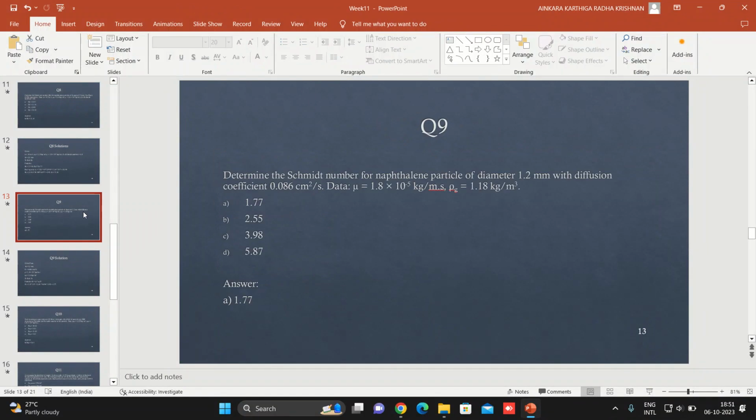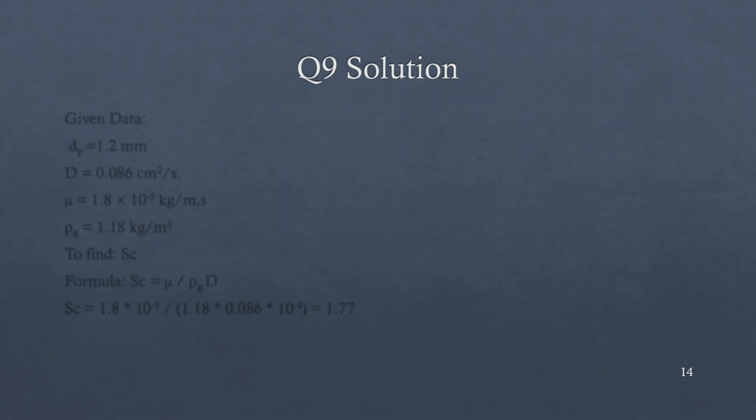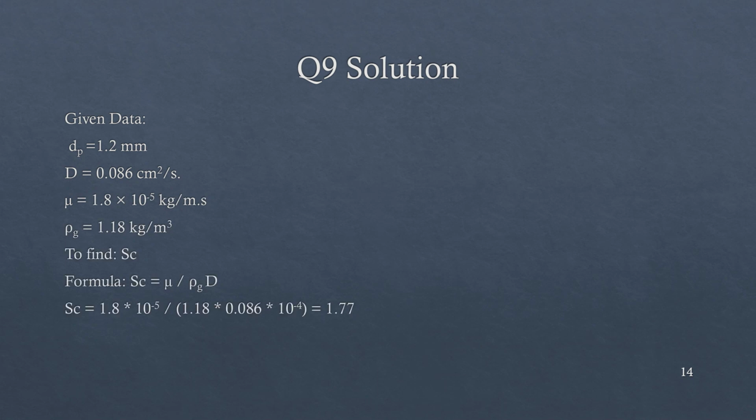So the Schmidt number we have found out to be 1.77. So how did we find it? The Schmidt number is nothing but mu by rho g D, and substituting all the known values, we are getting the Schmidt number as 1.77. If there is any doubt in this question, please ask, or else we will take a short 5 minute break and resume the session.